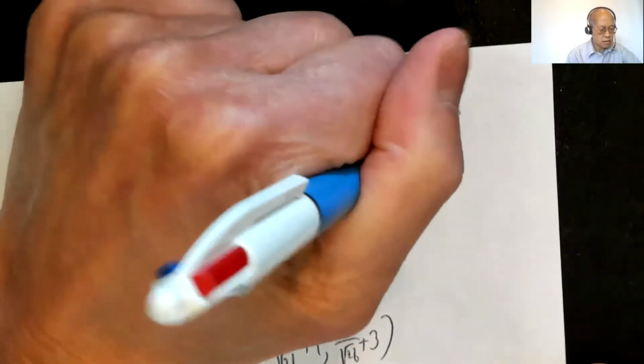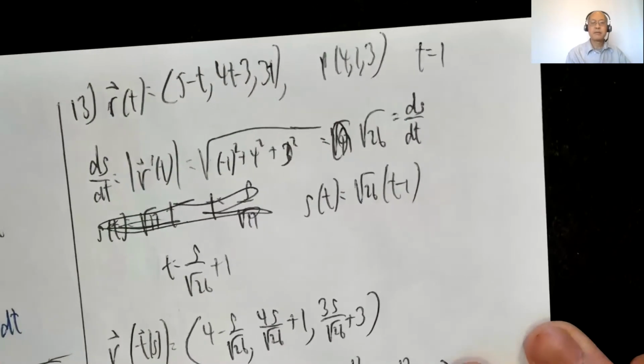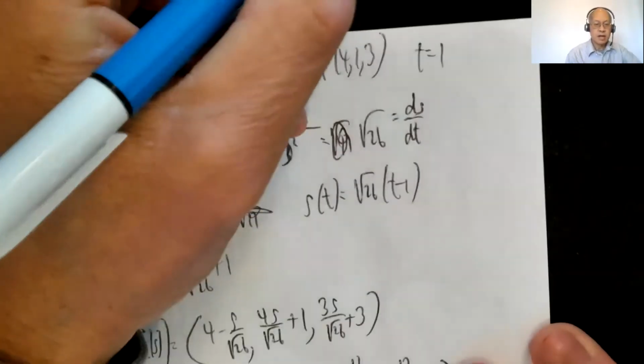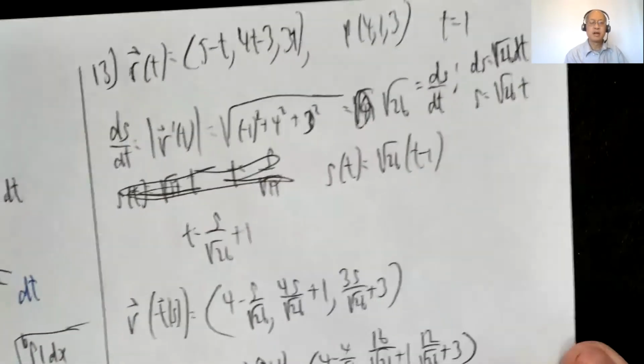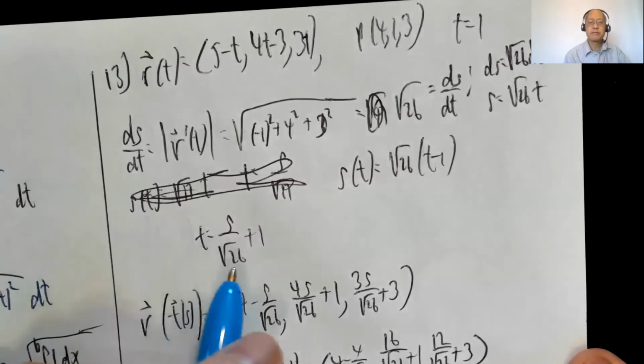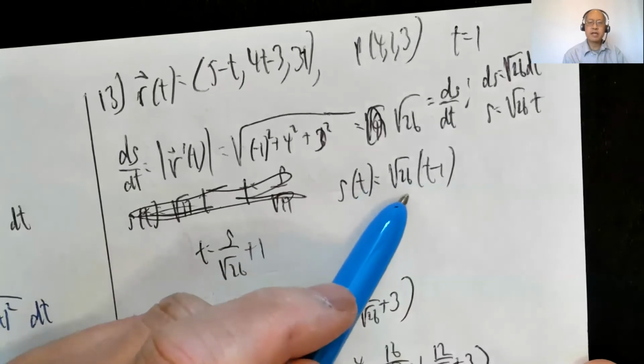So ds is radical 26 dt, or integrating, s is radical 26 t. All right, so s of t is radical 26 t.